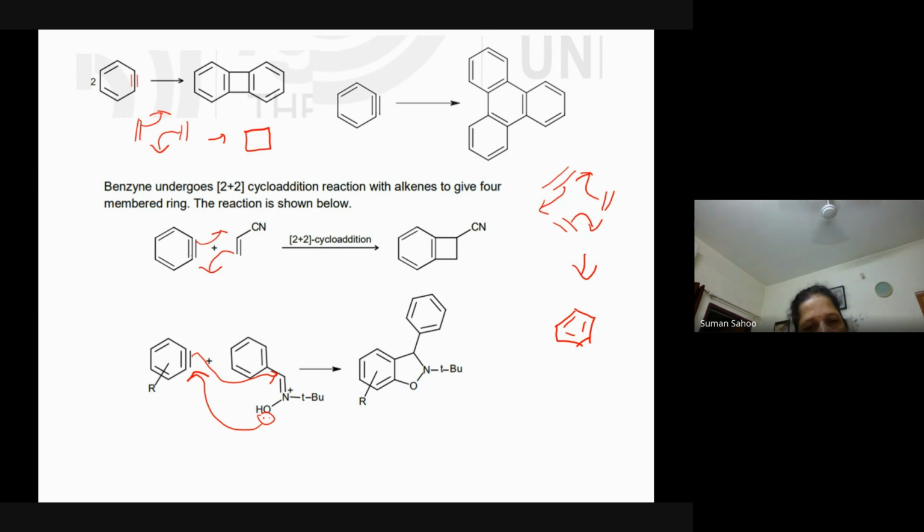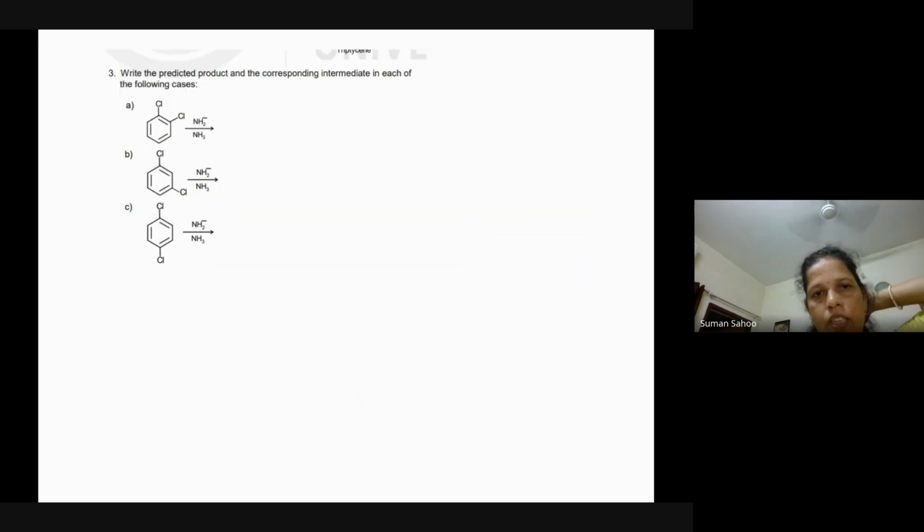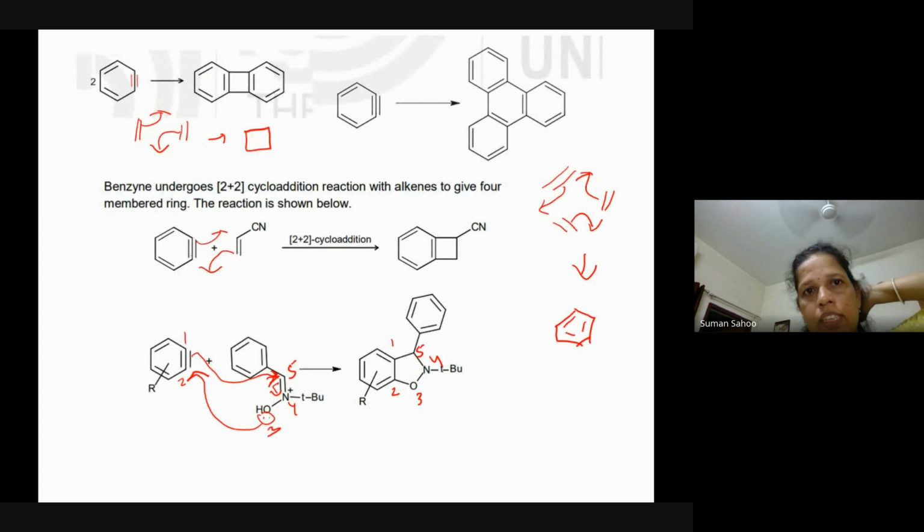So this nitrogen and this comes here, so that gives you this cyclic product, attacks this carbon. This phenyl group which is there, you have the reaction 1, 2, 3, 4, 5, and in the 5 carbon you have a phenyl ring attached to it. So this finishes all of your reactive intermediates.